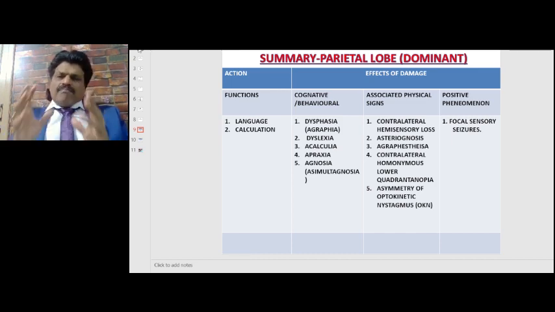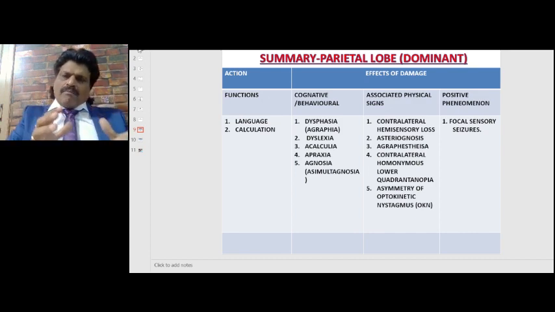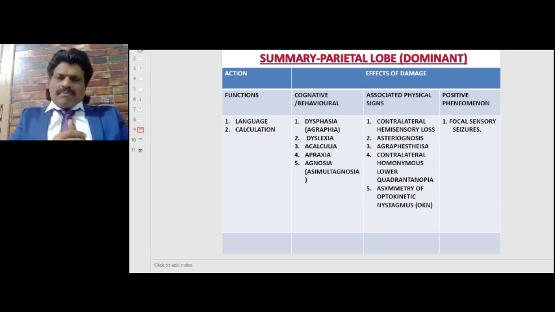Summarizing the important points of the dominant parietal lobe and the non-dominant parietal lobe. First, we shall see the parietal lobe dominant. Summary: the action, the functions, and the effects of damage in terms of cognitive, behavioral, associated physical signs, and positive phenomenon. The functions of the dominant parietal lobe are language and calculation, and the effects of damage in terms of cognitive, behavioral aspects are dysphasia, agraphia.